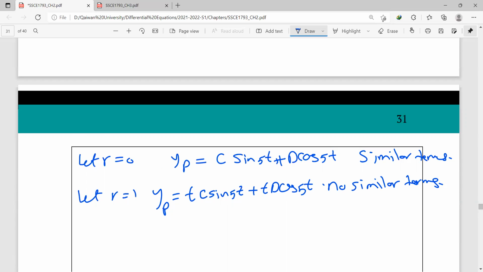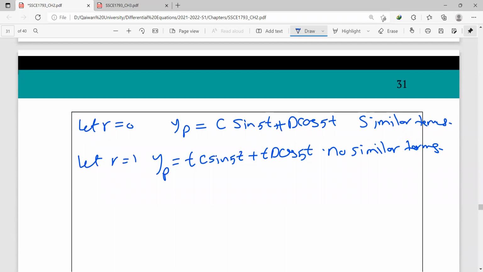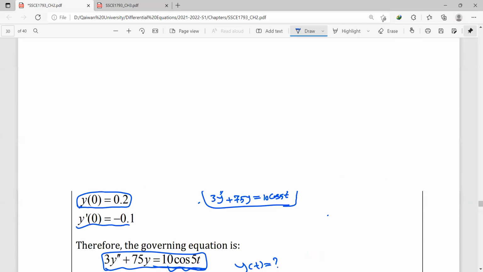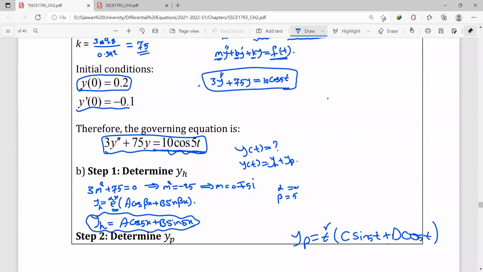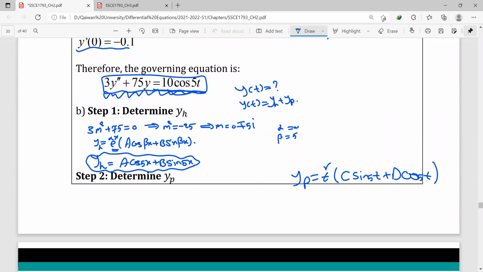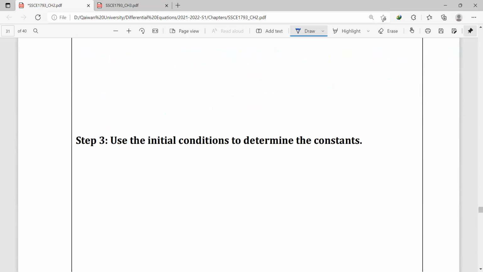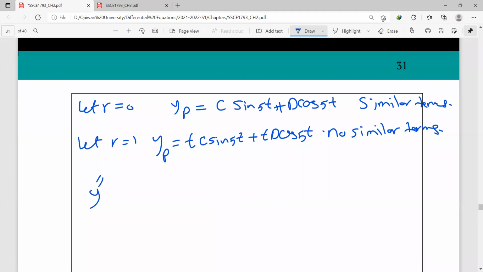Now, what do we do? We are going to find the values of c and d. How? By taking derivatives and returning them to the differential equation. Look, this is our differential equation: 3y double prime plus 75y equals 10 cosine 5t.